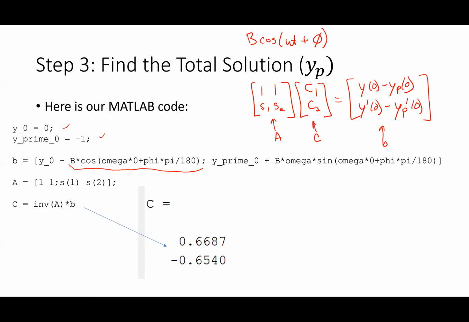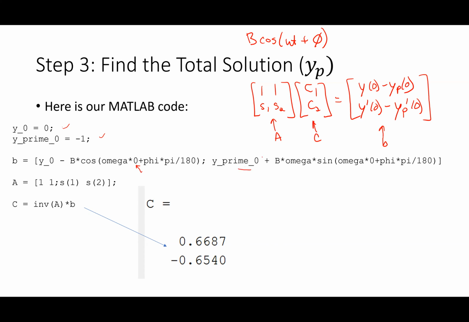I have variables for b, omega, and phi written into my code elsewhere. Because phi in my code is always in degrees, I have phi times pi over 180 to get it into radians, because Matlab always assumes radians for these trig functions. And I plug in t equal to 0. Now, similarly, I do the same thing here.